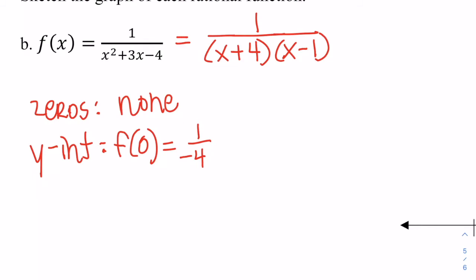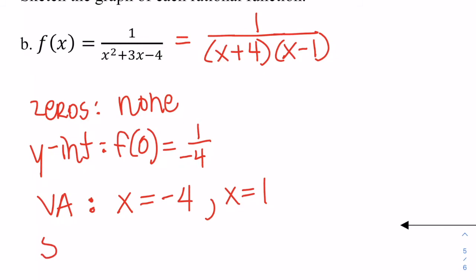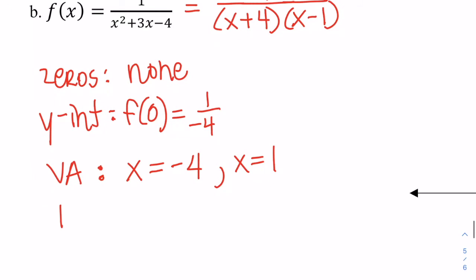Now we know, and we can see right away, that there are going to be 2 vertical asymptotes. X equals negative 4 and x equals 1. Remember, we're writing 2 separate equations. The degree is bigger in the denominator, so the horizontal asymptote will be y equals 0.